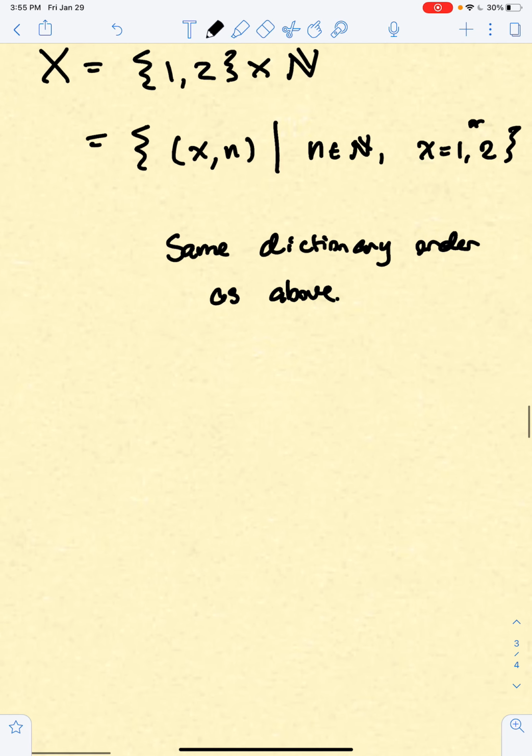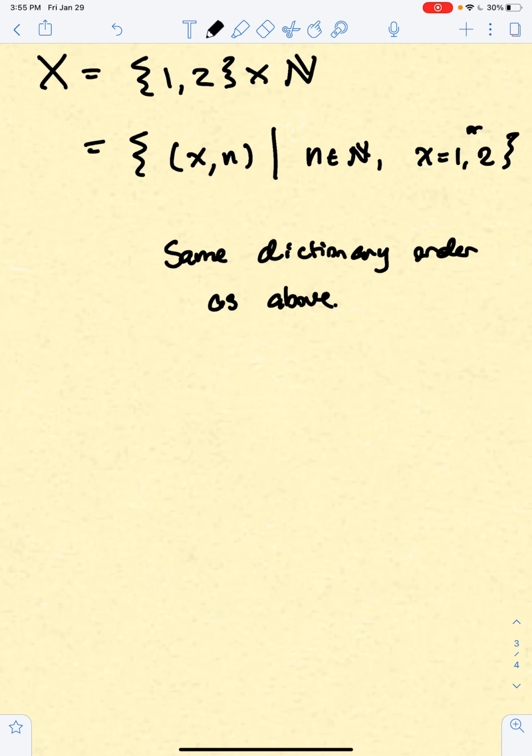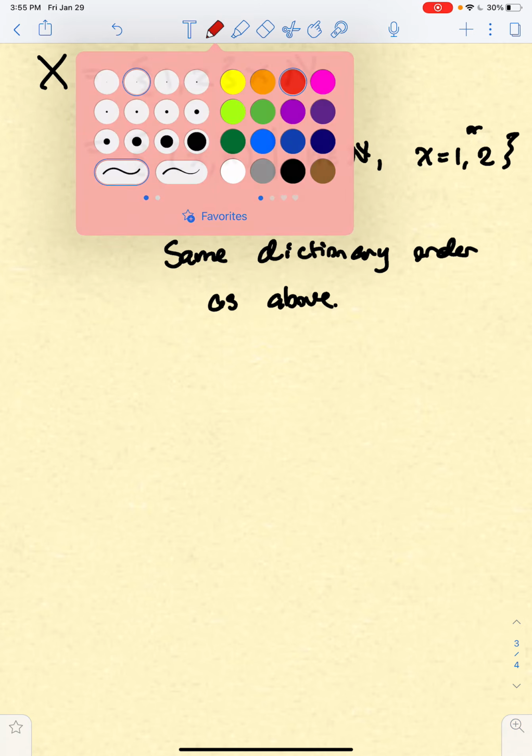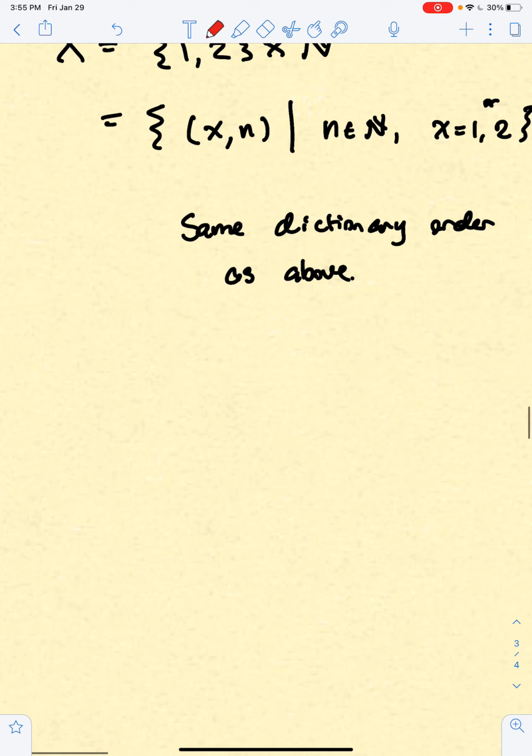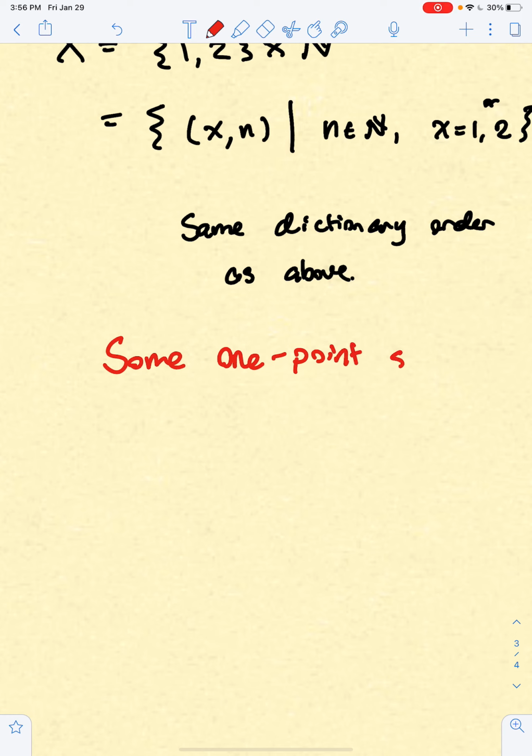The weird thing here is that most of the singleton sets, most of the one-point sets, are open, but not all of them. So there are some one-point sets that are not open.